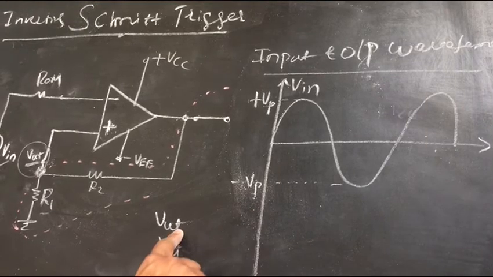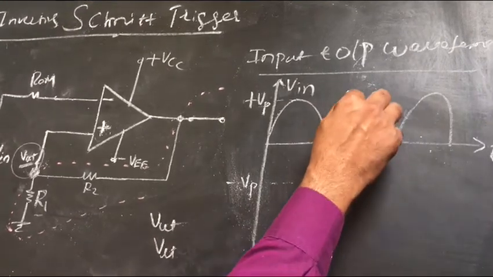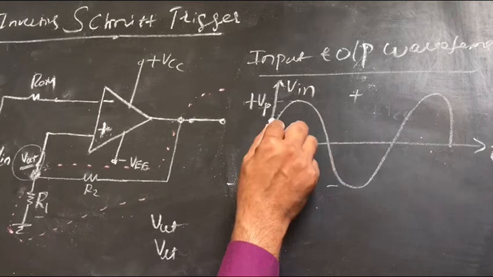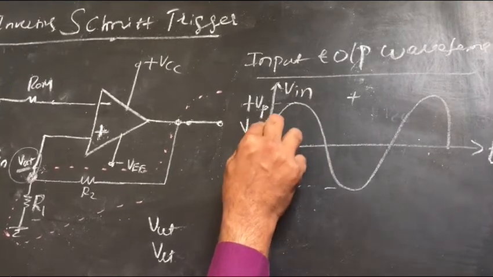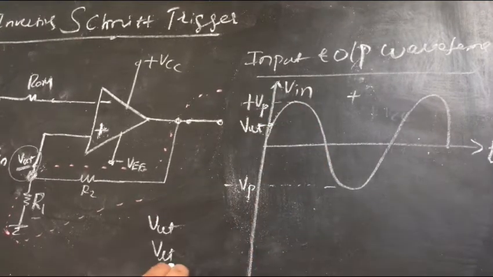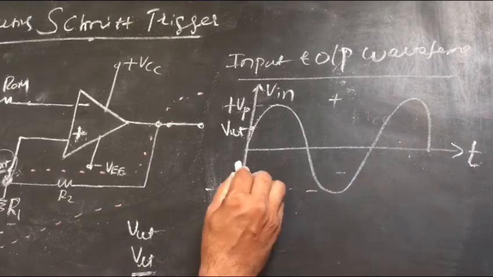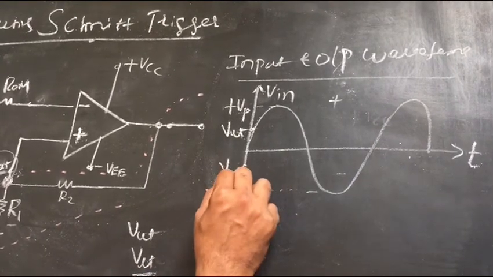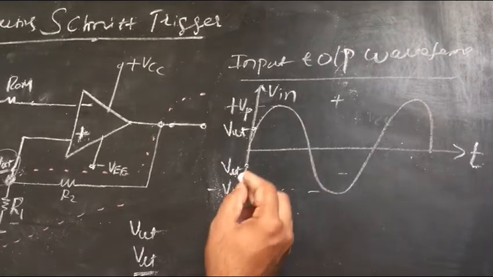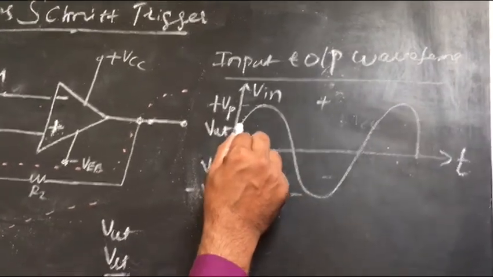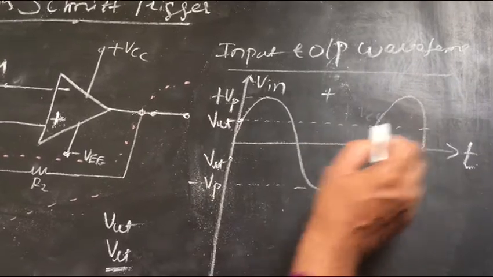The upper threshold is always positive, therefore it comes on the positive side of the axis, that is here. Let us indicate the VUT. And VLT is a negative voltage. Let us indicate it on the negative side of the axis here. From each of the reference voltages, you cut the input voltage Vin like this.